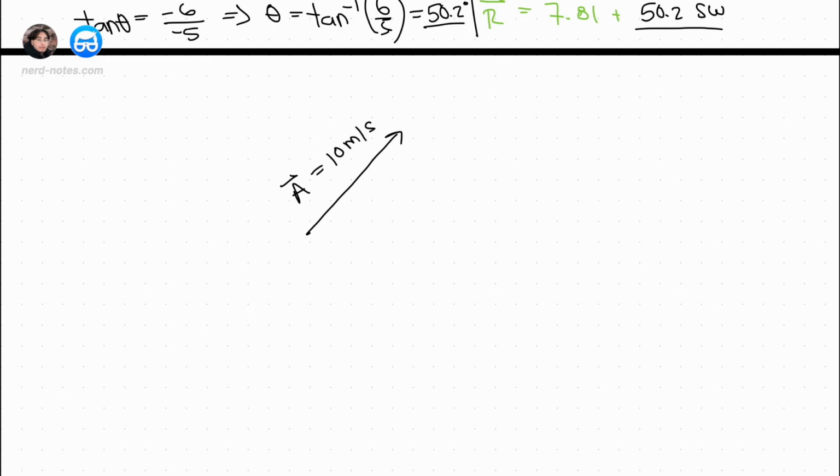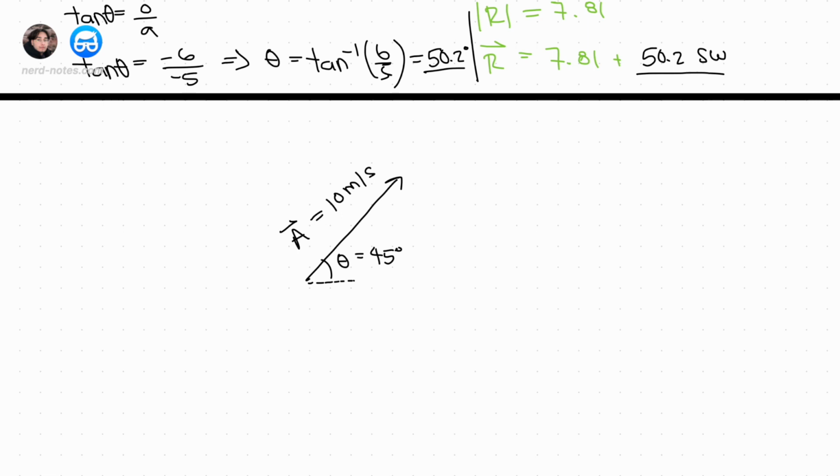Let's say this vector is at an angle of, I don't know, 45. It looks to be about 45 degrees above the horizontal. So again, this is the horizontal, and this vector happens to be approximately 45 degrees above that.